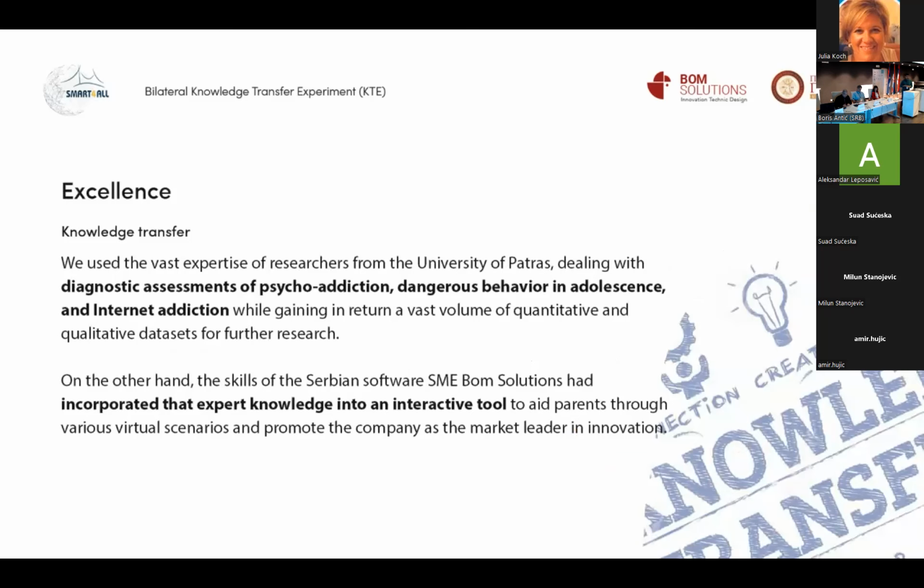Excellence for this project was to use, as I said, their expertise in this field, put all this data in our technology, and then present it to them in the form of an application. Why did we choose an application? Because we need to think about two things. One is that it needs to be user-friendly, because we are giving this to parents.